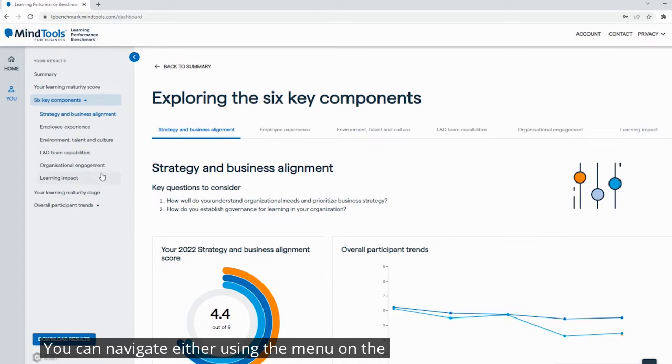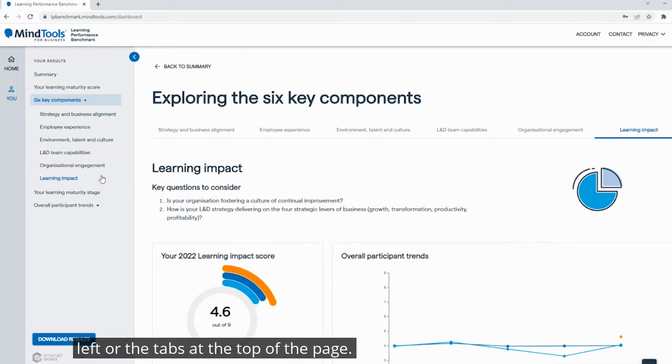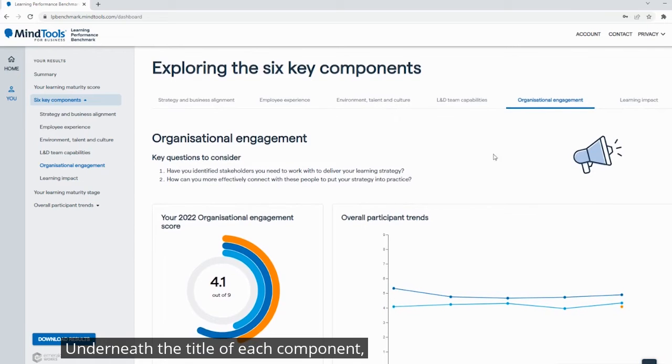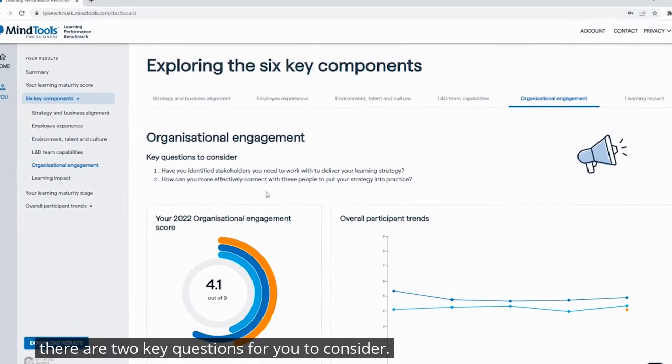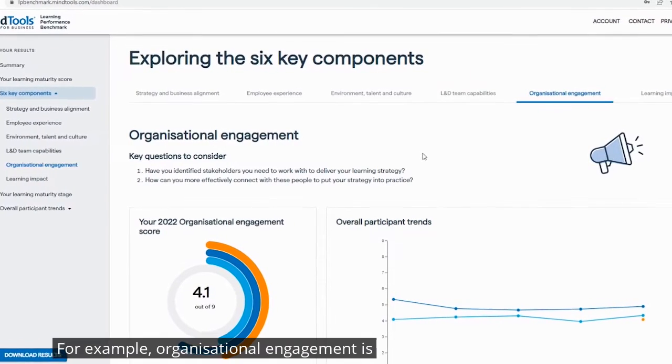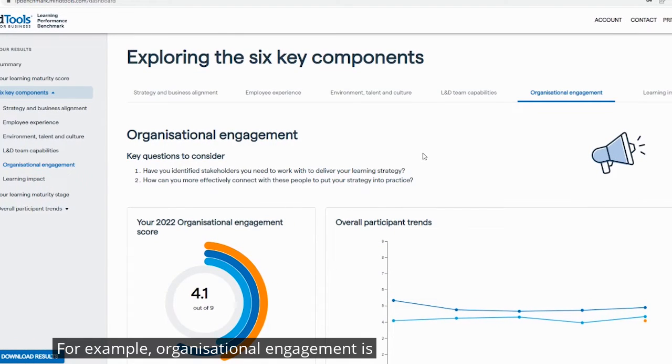You can navigate either using the menu on the left or the tabs at the top of the page. Underneath the title of each component, there are 2 key questions for you to consider. These questions convey the intent of this component. For example, organisational engagement is about working with stakeholders to put your learning strategy into practice.